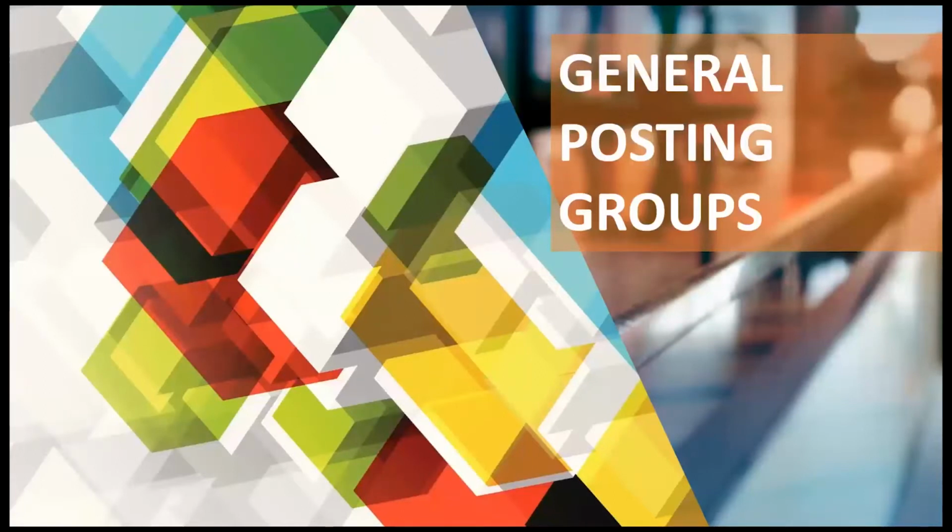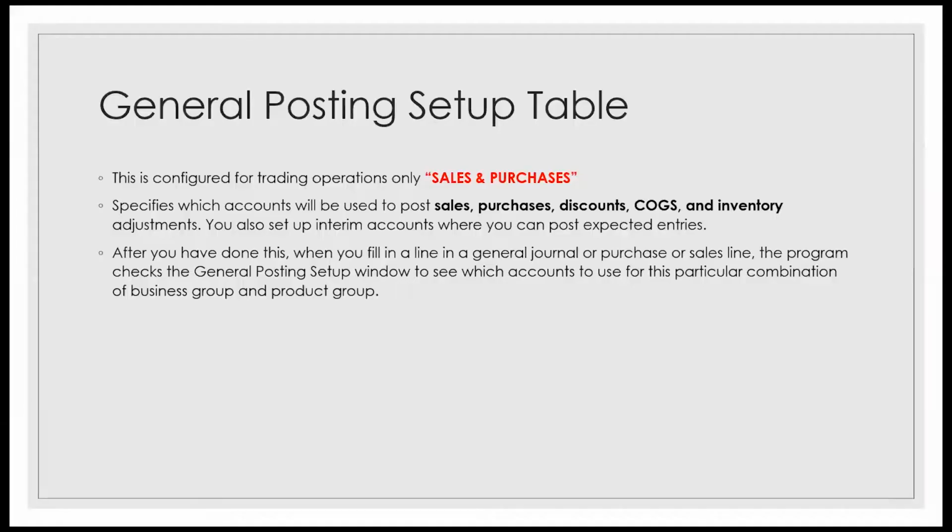So first, let's review the general posting groups. General is for sales and purchases, okay? To make it easier to understand, in the general type of posting groups, we have more or less 30 accounts to set up. Why? Because we have sales, purchases, discounts, cost of goods sold, and inventory.